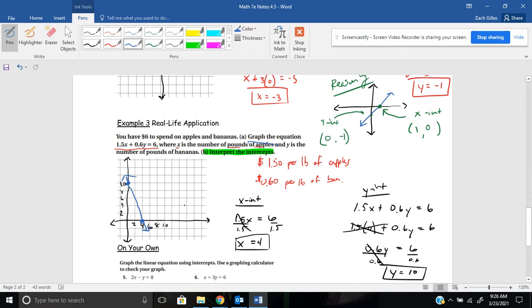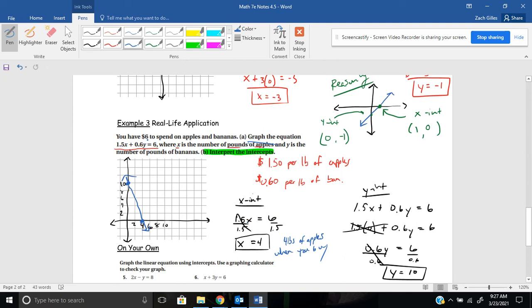Well, the x-intercept shows that you can buy, remember, x stands for apples, 4 pounds of apples. If I were to buy 4 pounds of apples, well, 4 times 1.5 would give me 6.